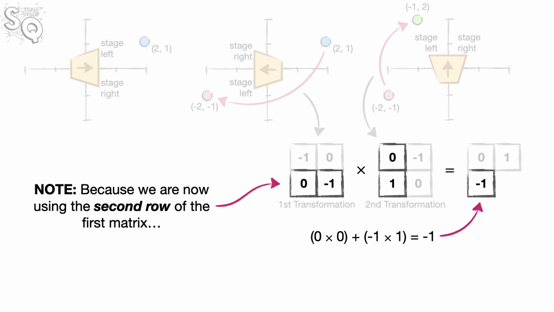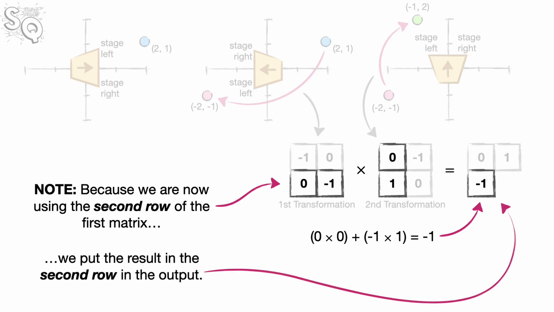Note, because we are now using the second row of the first matrix, we put the result in the second row in the output.